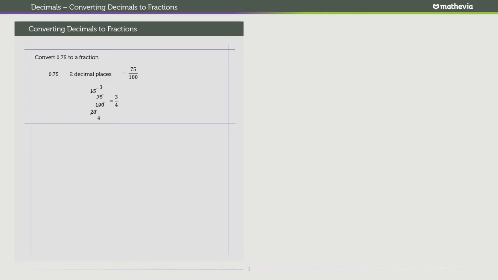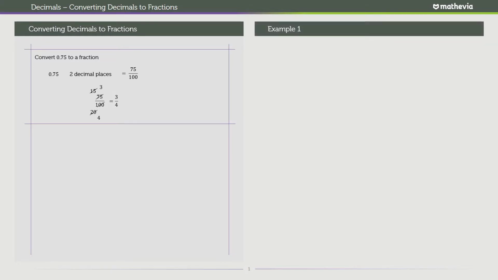So 0.75, expressed as a fraction, is 3 over 4. Simple. That's it, basically. If you're looking to convert decimals to fractions, you just need to identify the number of decimal places, and then you have the number divided by 10, 100, or 1000, depending on the number of decimal places. Then you quite simply reduce the fraction to its smallest terms.